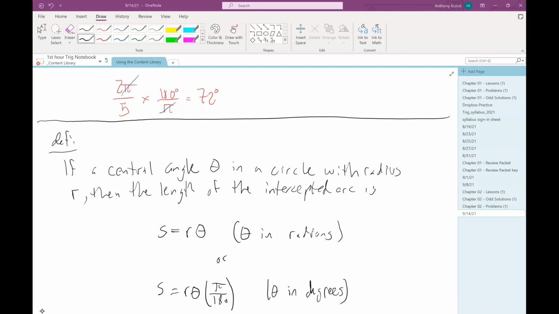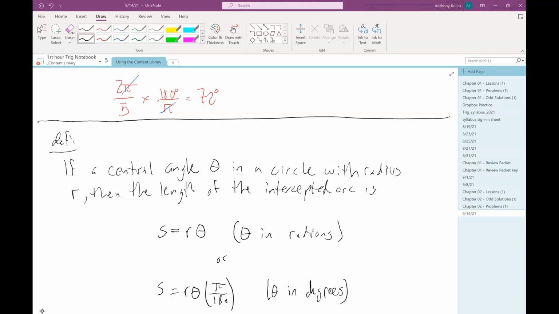We often use these Greek letters to represent angle measures, and we use the English alphabet variables to represent side lengths. So if we have a central angle with measure theta in a circle with radius r, then the length of the intercepted arc is given by s equals r times theta, where theta is in radians.